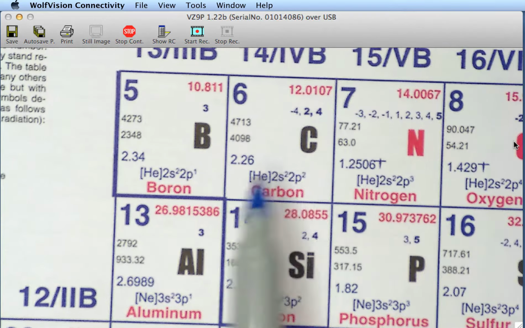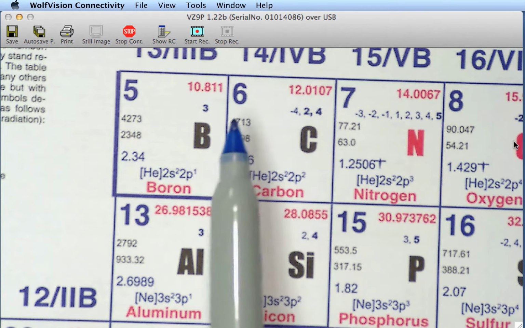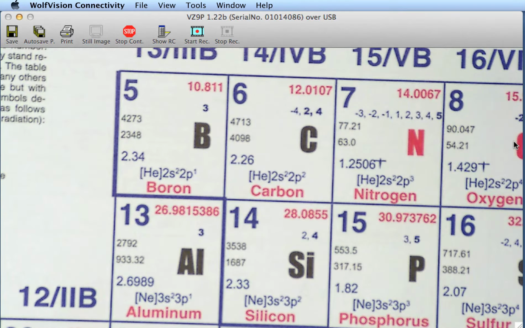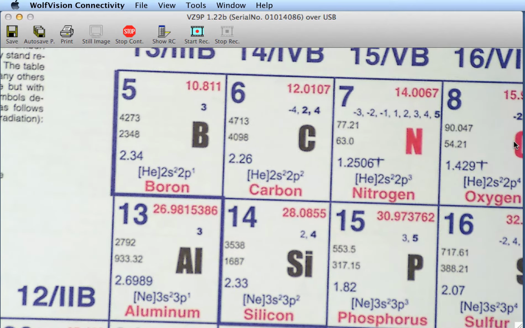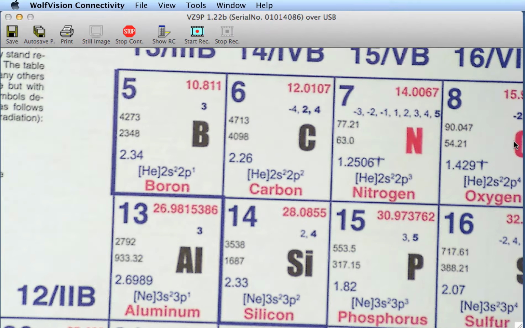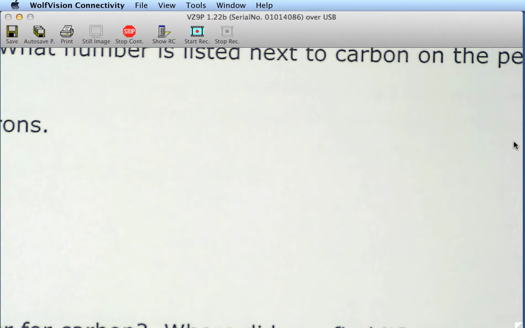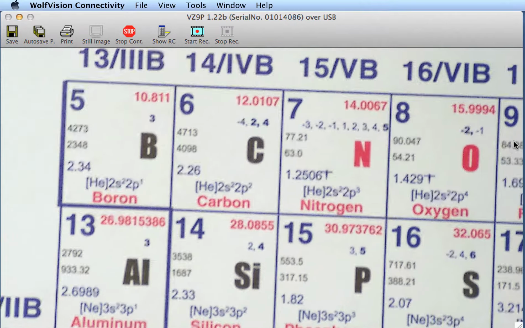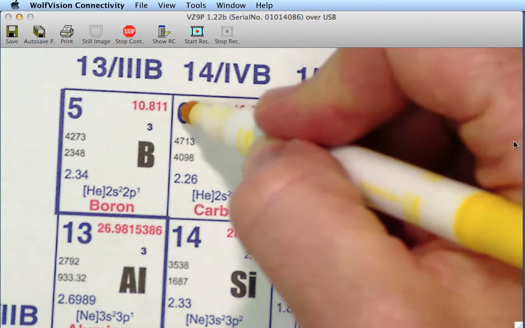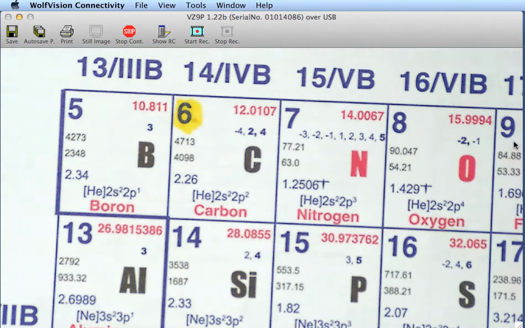So carbon, on your periodic table, has a lot of numbers written by it. You think, oh my gosh. We will actually learn a lot of these numbers, and they won't be so intimidating. But the number that I'm looking for, I'm asking you on this note page, what number is listed next to carbon on the periodic table? This is the number in blue right here, number 6.